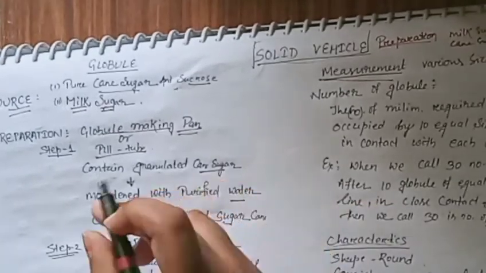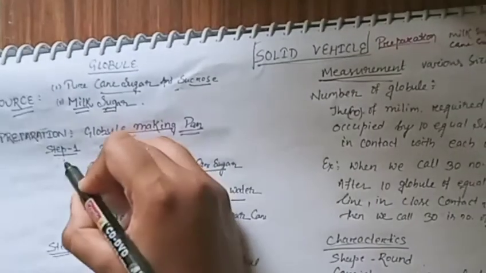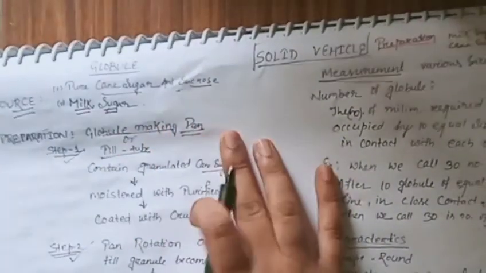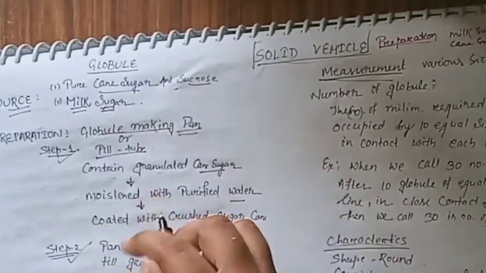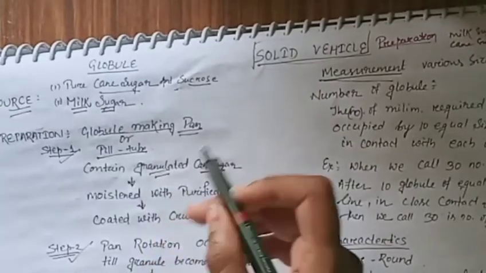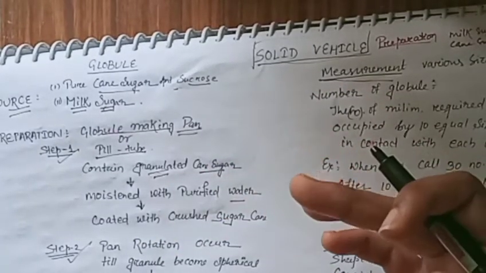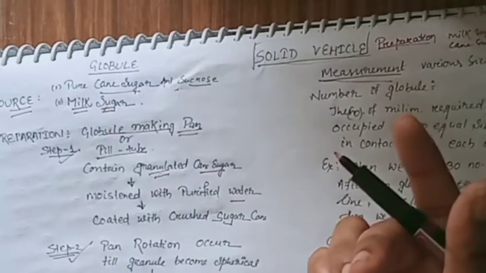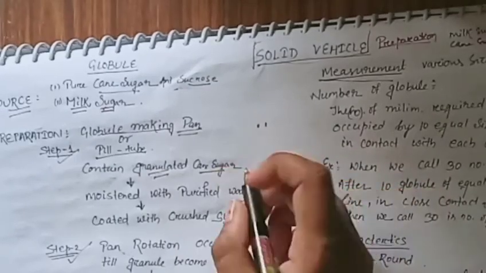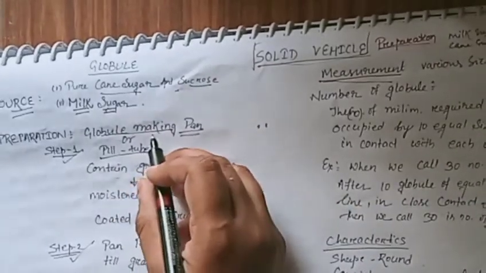We divided the preparation into 3 steps: step 1, step 2 and step 3. In step 1, first we take a globule making pan. With it we add granulated cane sugar, cane sugar in granule form, which we crush, and the small cane sugar is put into the globule making pan.